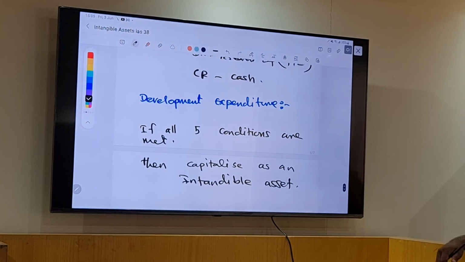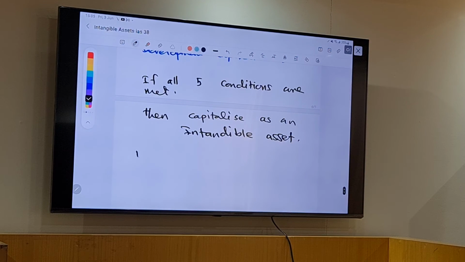So, development expenditure: if all 5 conditions are met, then what do you do? You capitalize as an intangible asset. If not, what will you do? Write off to P&L.